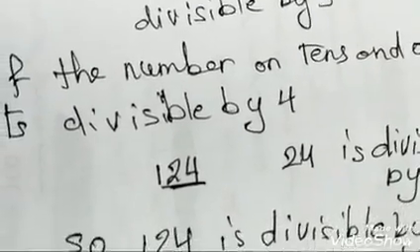Okay. Now, we knew what the factors of a number are and what the multiples of a number are. So now, how do we calculate the highest common factor and the lowest common multiple?